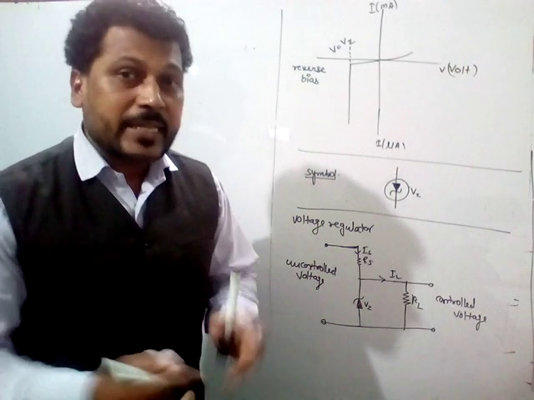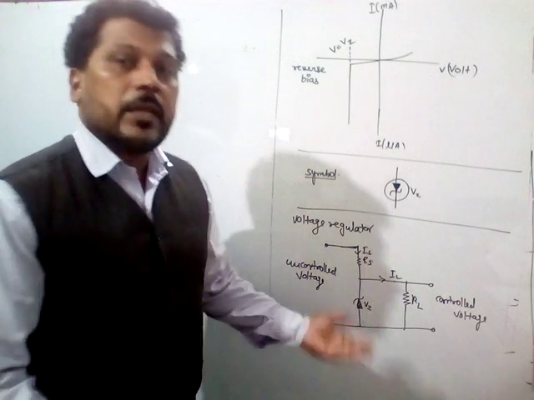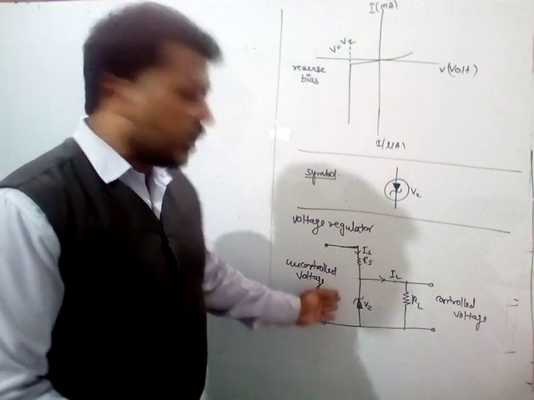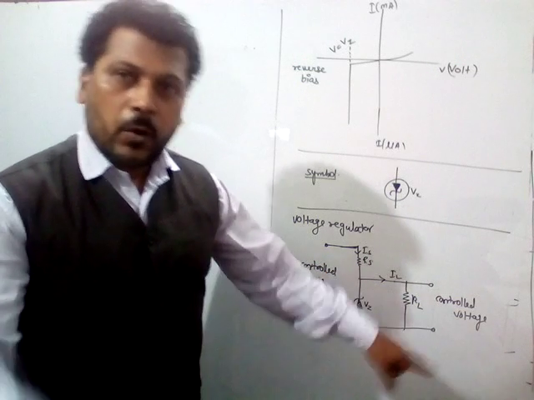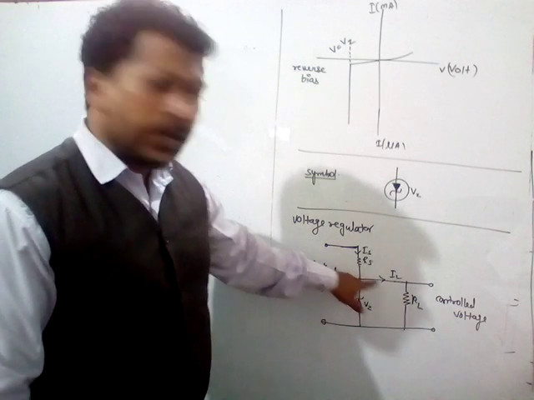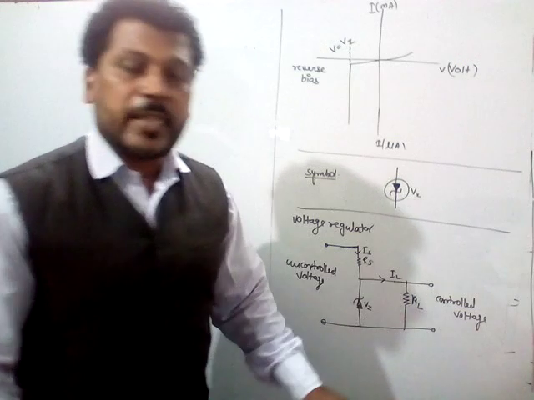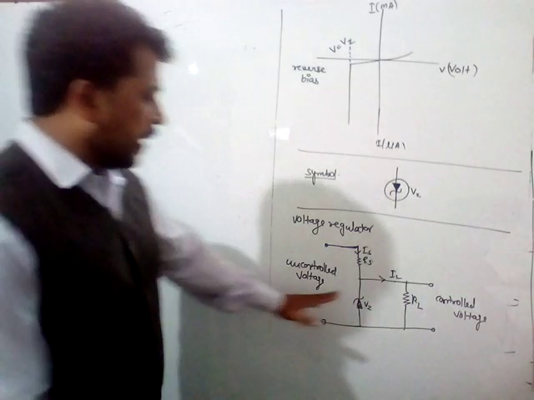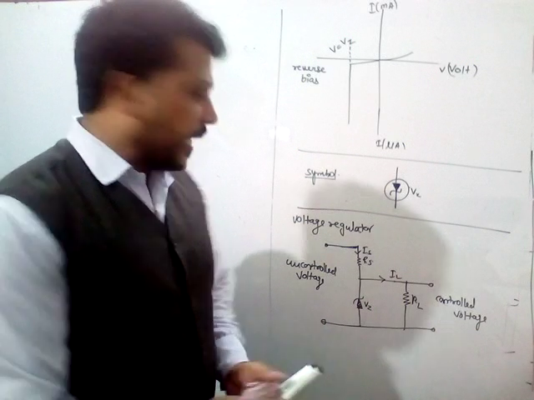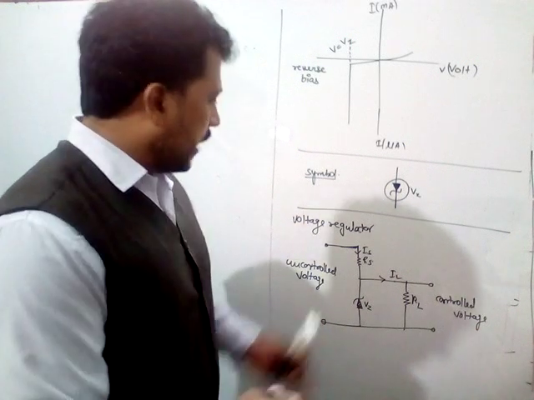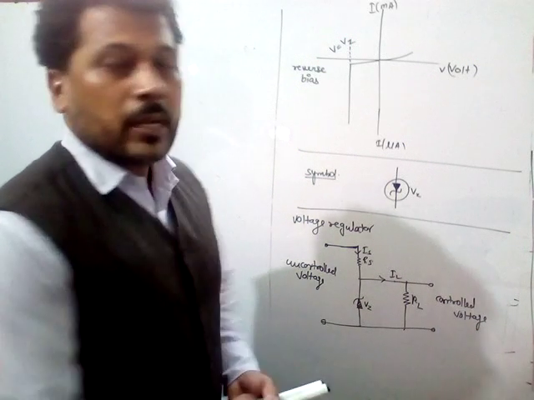So simply we can say that with the increment or decrement of the uncontrolled voltage, increment and decrement are formed in IS, RS and RL, but there is no change in the Zener voltage. So in this way we can say that this diode is used as a voltage controller at the Zener voltage.